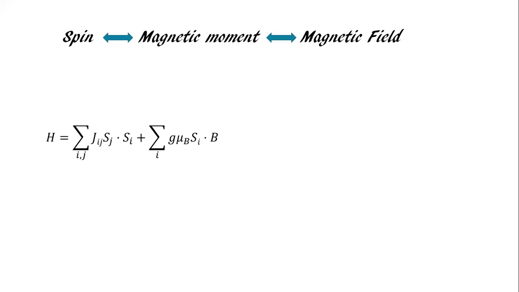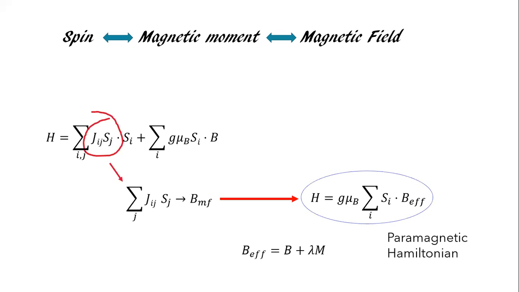So I can manipulate this first term in terms of a magnetic field, let's say B_MF, which would give me a Hamiltonian entirely in this form, which is a form of paramagnetic Hamiltonian with the effective magnetic field as B plus lambda m. Lambda is the parameterization and m is the magnetization in my material.